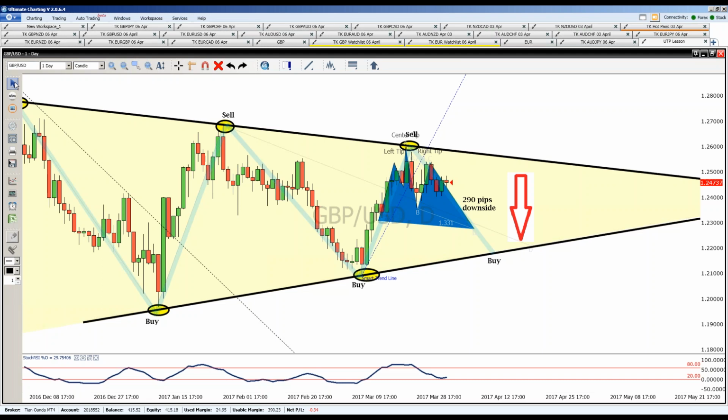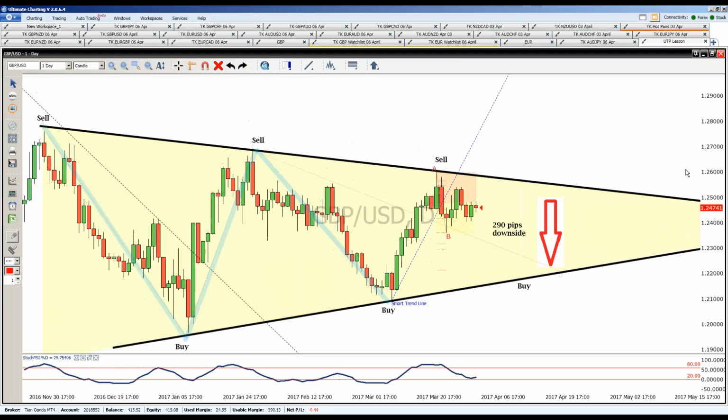All right, now let's have a look at the Fibonacci's over here. Let me just take that out. Take this out. Let's have a look at the Fibs. So there's our down AB boundary.